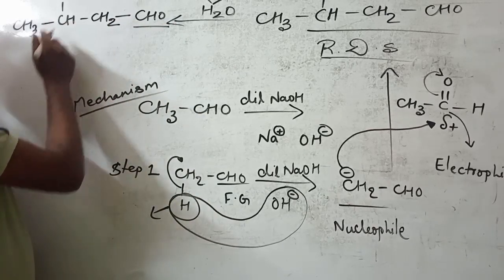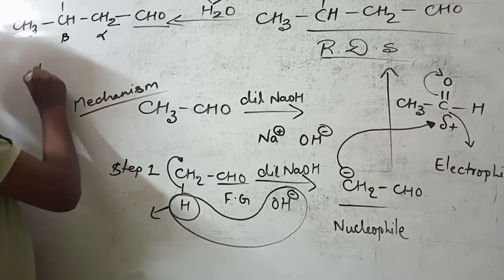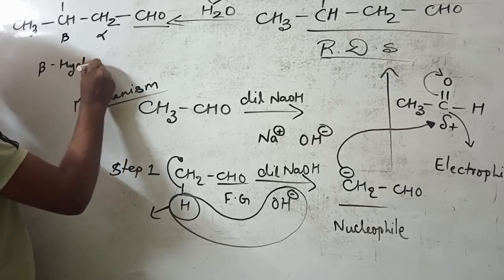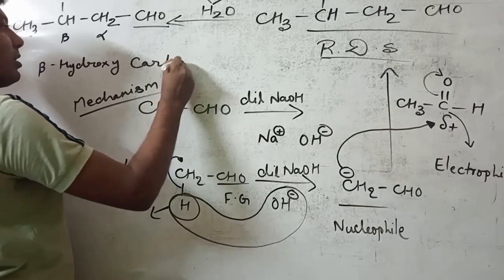This is called alcohol and this is called aldehyde. This carbon is called alpha, this carbon is called beta. So we can write beta hydroxy carbonyl compound.